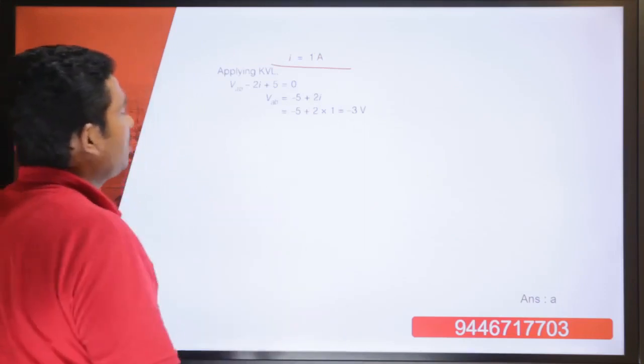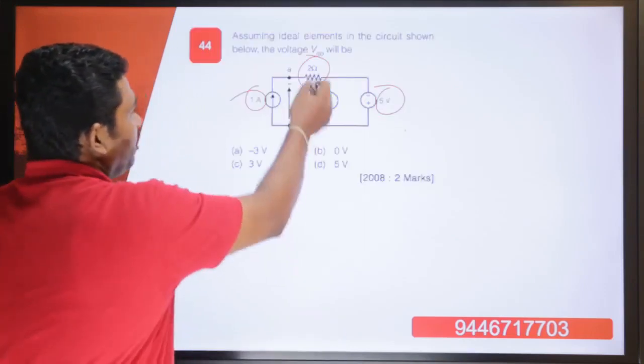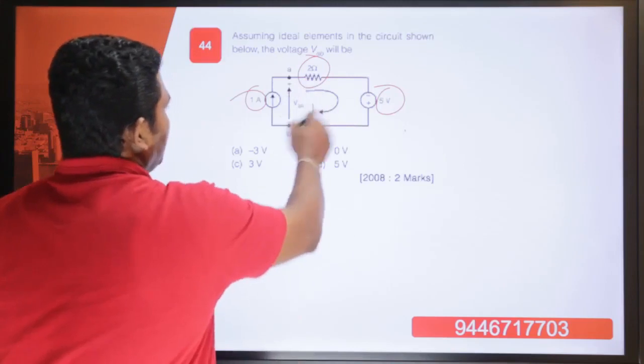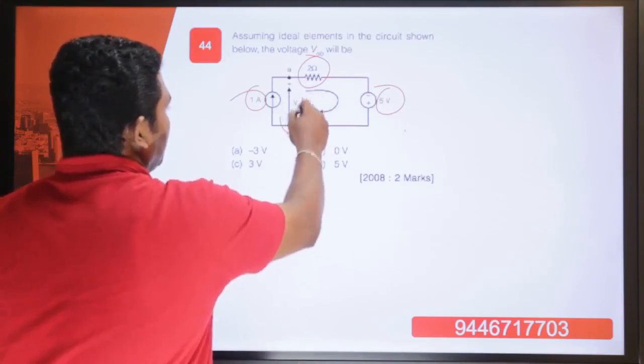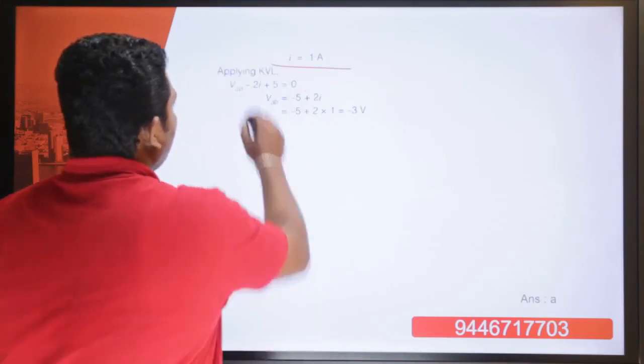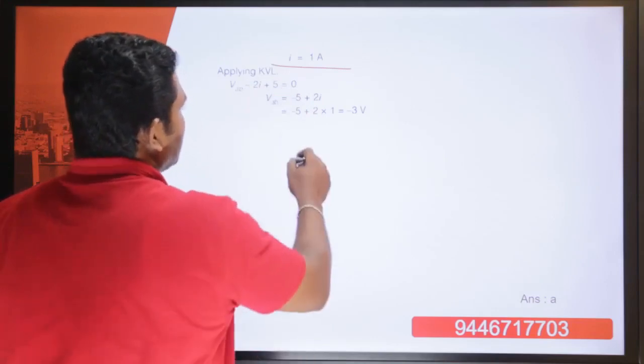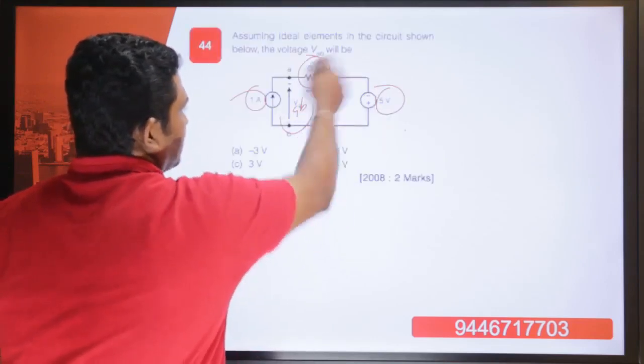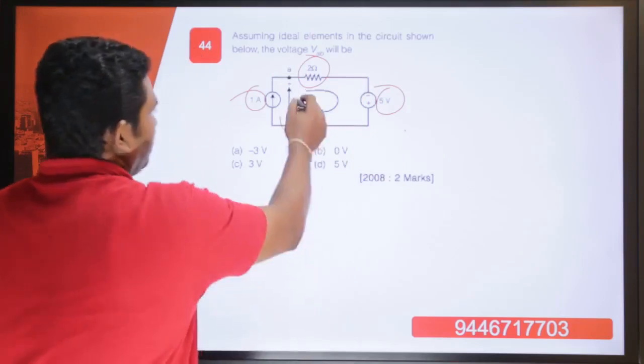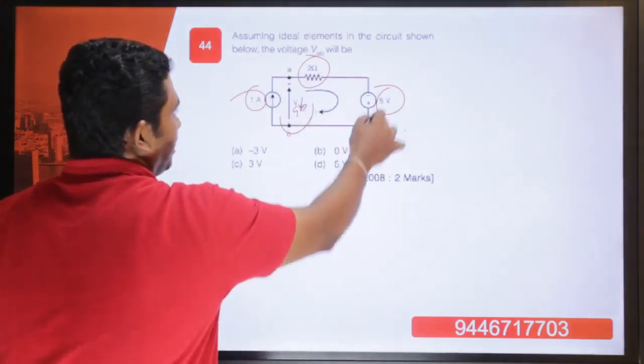So we are going to make a loop equation. This is VAO. This is VAB. VAB minus 2I plus 5 is equal to 0. This is the Kirchhoff's voltage law equation made in this loop.